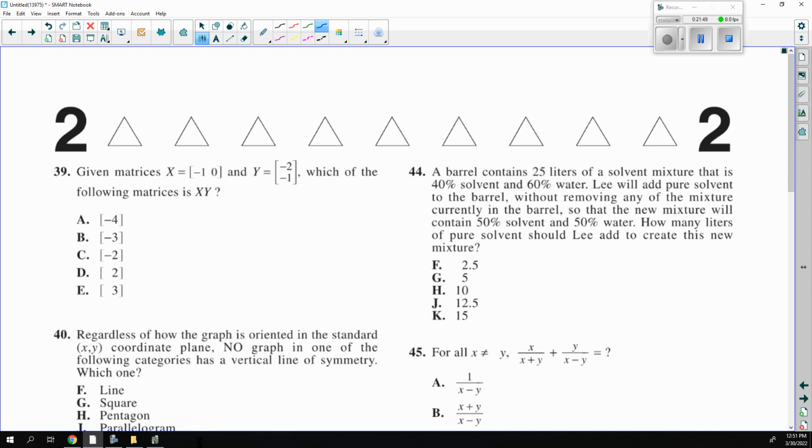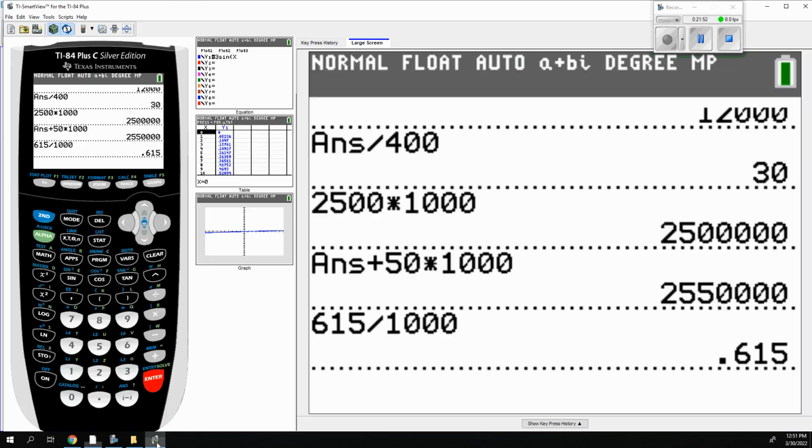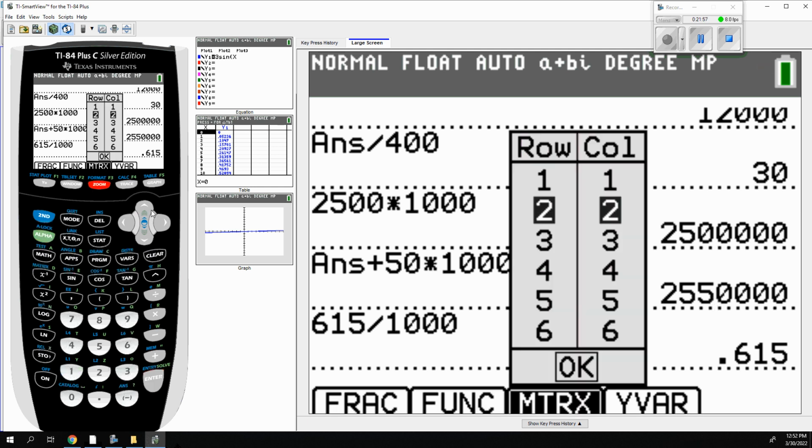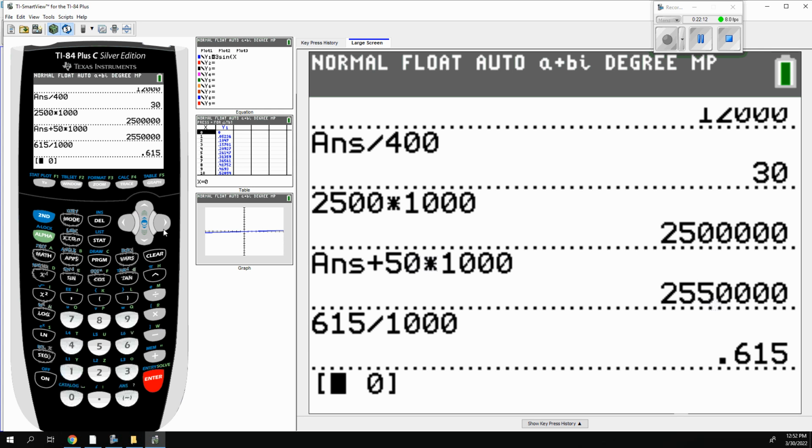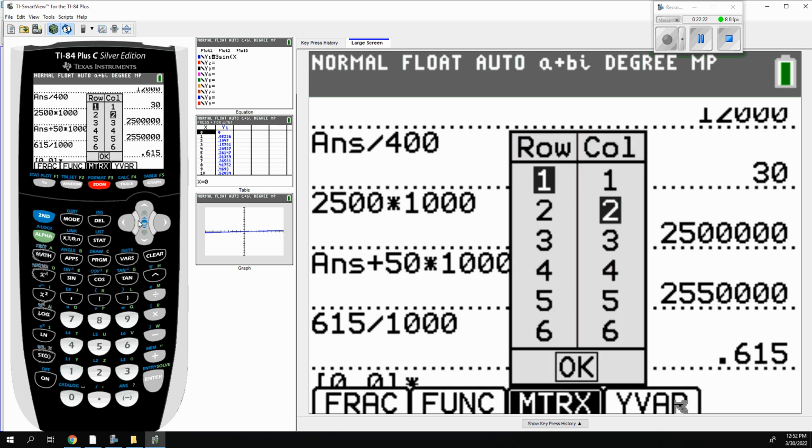You can do this on the calculator. X is a 1x2 matrix. And Y is the opposite. We're going to times them. Takes a while to change it, doesn't it?